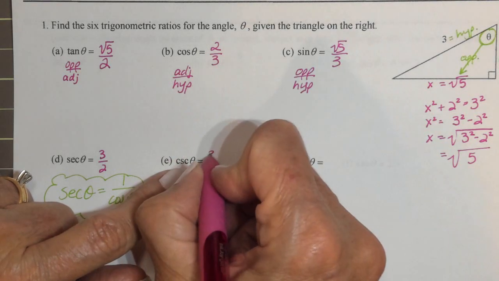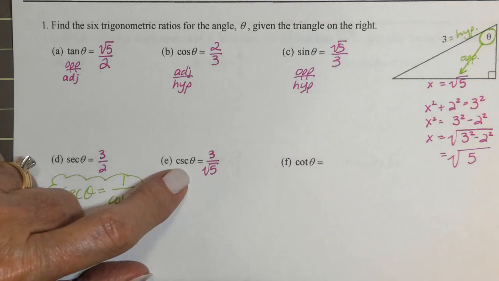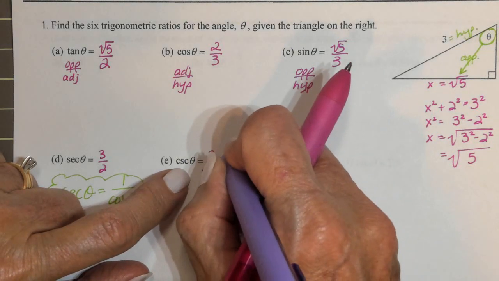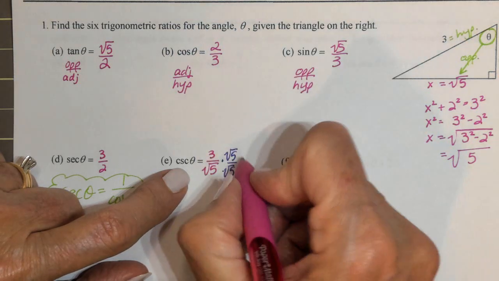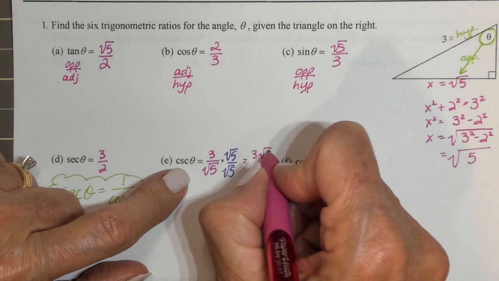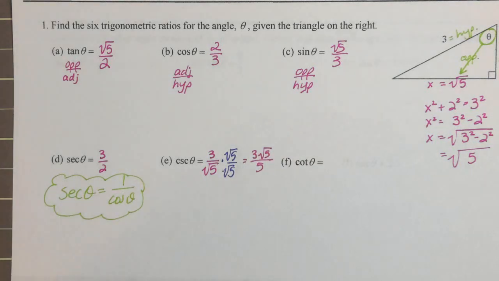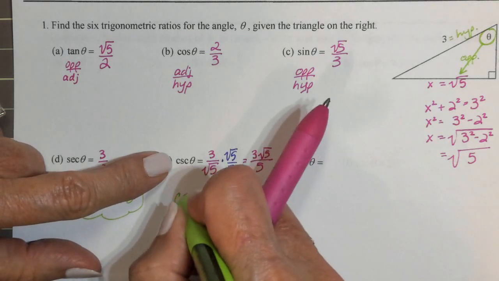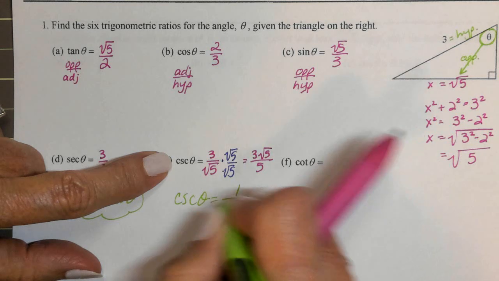So we'll have 3 over square root 5. And when we rationalize that denominator, multiply top and bottom by square root 5, we get 3 square root of 5 over 5. So cosecant is the reciprocal of sine.